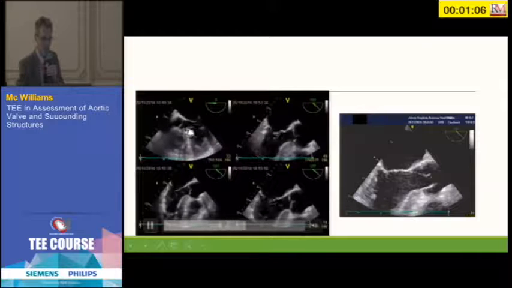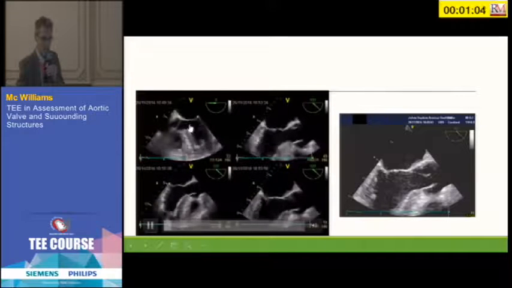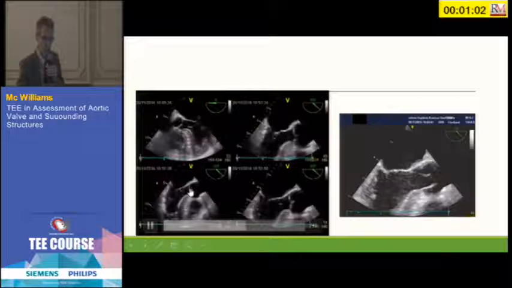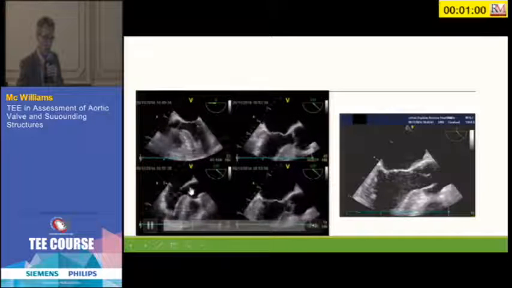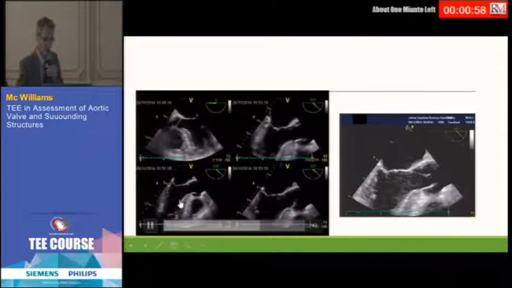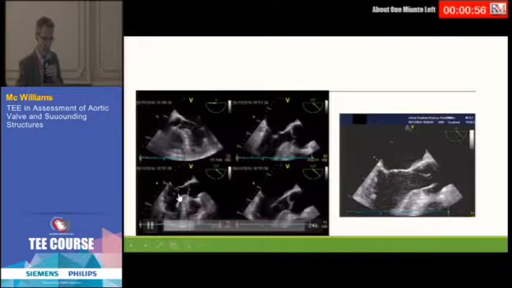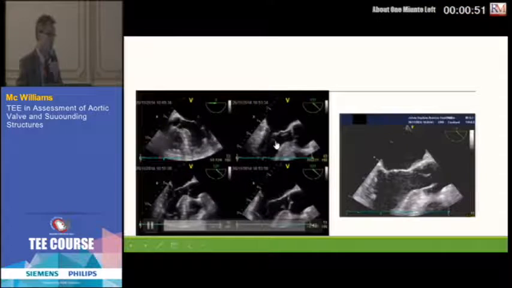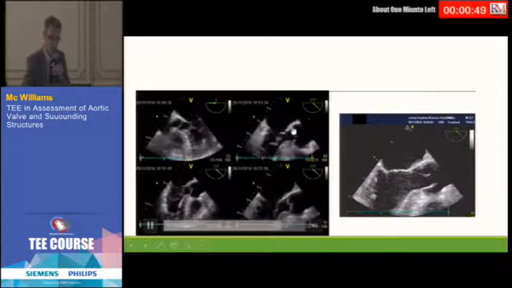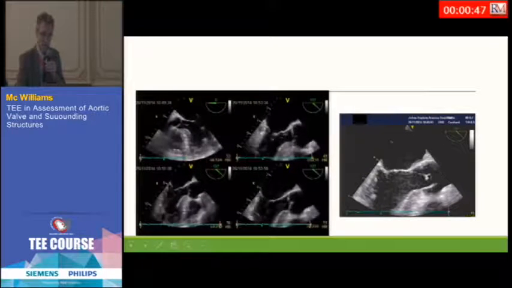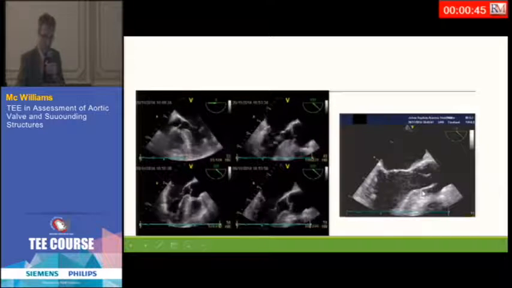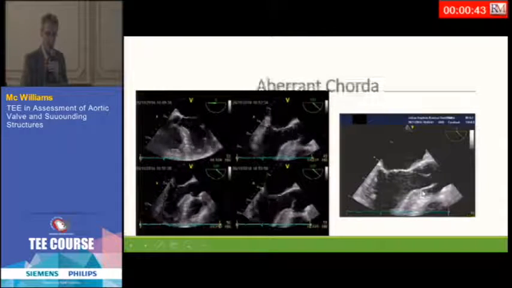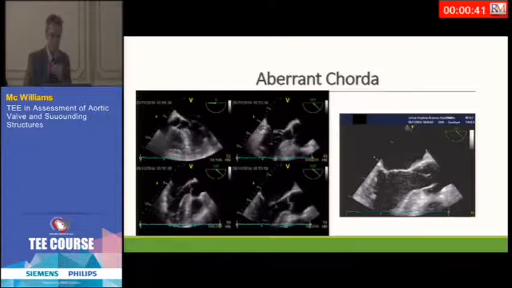And we could see a structure that originates at the base of the aortic leaflet here, and at one end it's a very long structure, and it's also attached to one of the chordae to the anterior mitral leaflet. And this actually prolapses through the aortic valve in systole. This was a rare aberrant chorda.